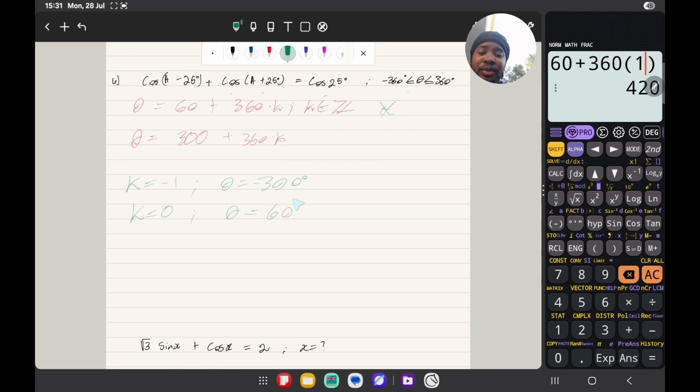Cool. Let's come here. So here we have 300 plus 360k. For k, let's start with minus 2, outside the range. Minus 1, inside the range, so for k equals minus 1 we are getting minus 60 degrees. And then 0, we are getting 300 degrees.